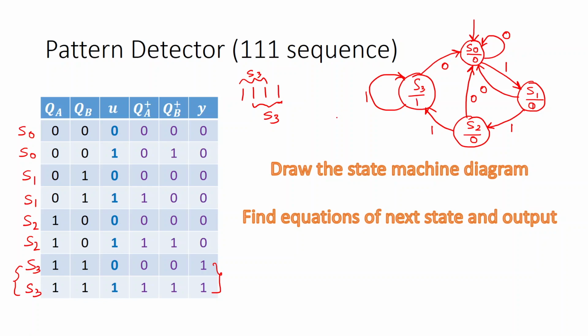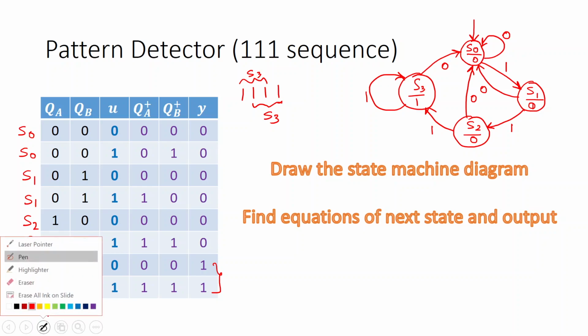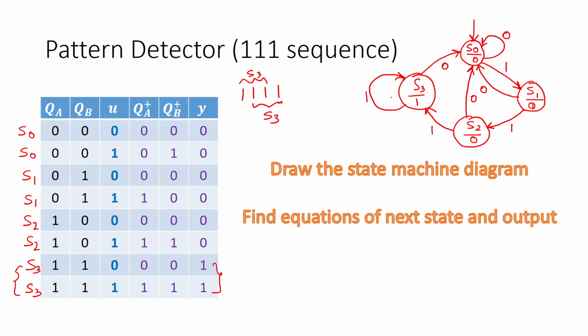In case this was not a continuous detection, or it was without overlapping, then what would happen? After coming to S3, if it was a pattern detection without overlapping, then from here the 0 is same.